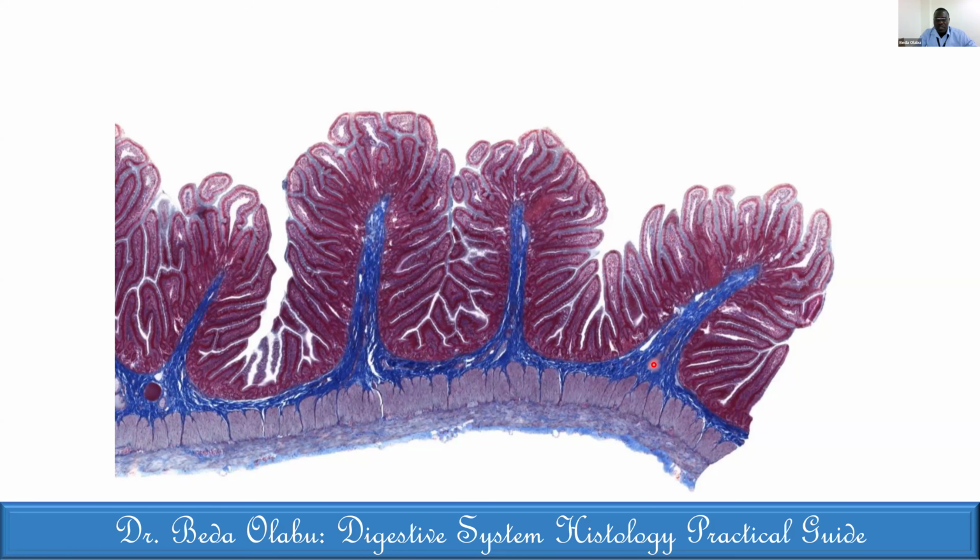So there are folds of the submucosa translated onto the mucosa. That's very key. Several plica circularis. The intimate nature of the plica circularis tells us that this is most likely jejunum. Again, it is not duodenum because we can't see submucosal glands.